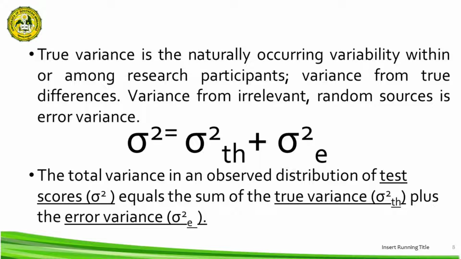In mathematical terms, true scores are also known as true variances. Variance from irrelevant random sources is error variance. The relationship of variances can be expressed as: the total variance in our observed distribution of test scores equals the sum of the true variance plus the error variance.